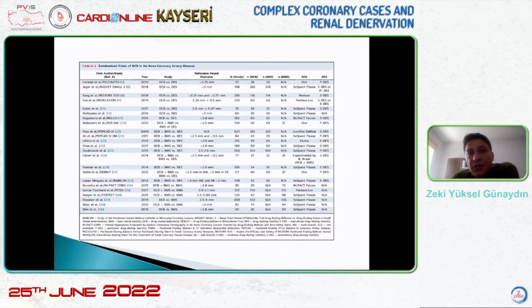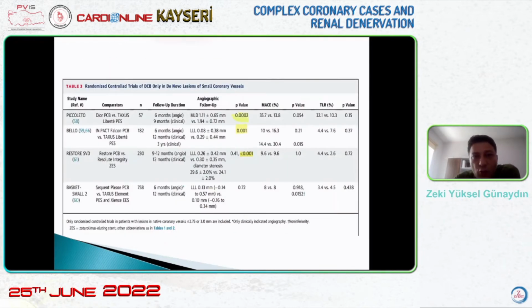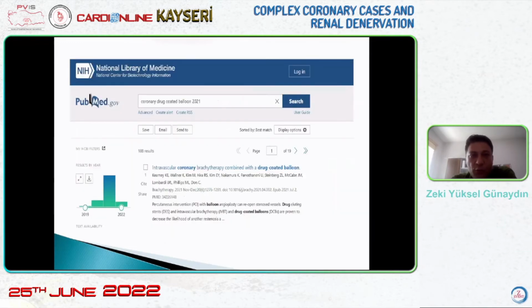This is already known. And about de novo diseases, the DES seems to be superior in the literature, but that is because of the usage methods. And if the vessel is small, the publication says that the drug-coated balloons are equal to the drug-coated stents. Until 2020, these were the developments.